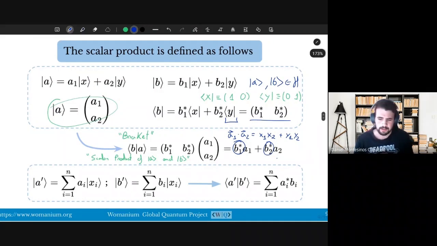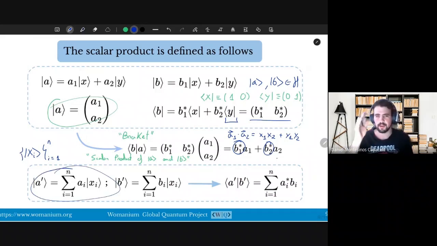Down here I have another example, maybe a little more complicated. Remember, this is with a more general basis, with i from 1 to n. So if you have these two general vectors, and for this we need an orthonormal basis, right?